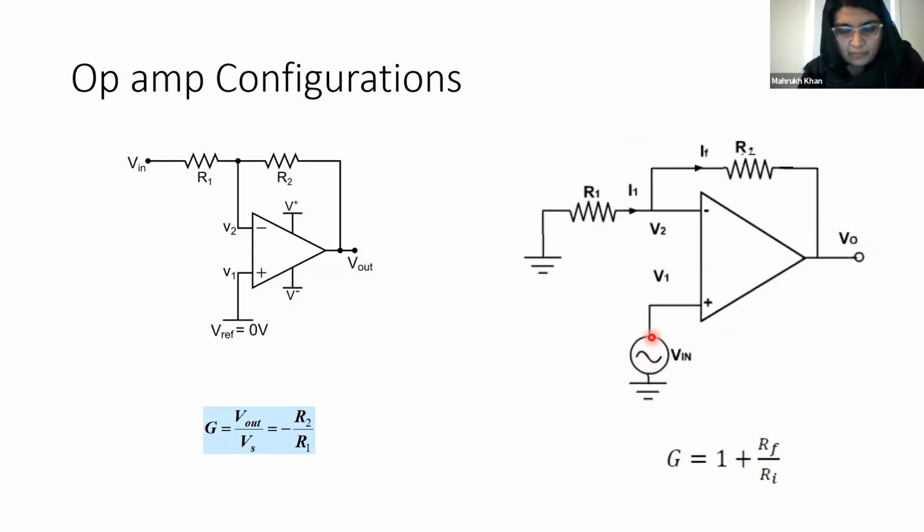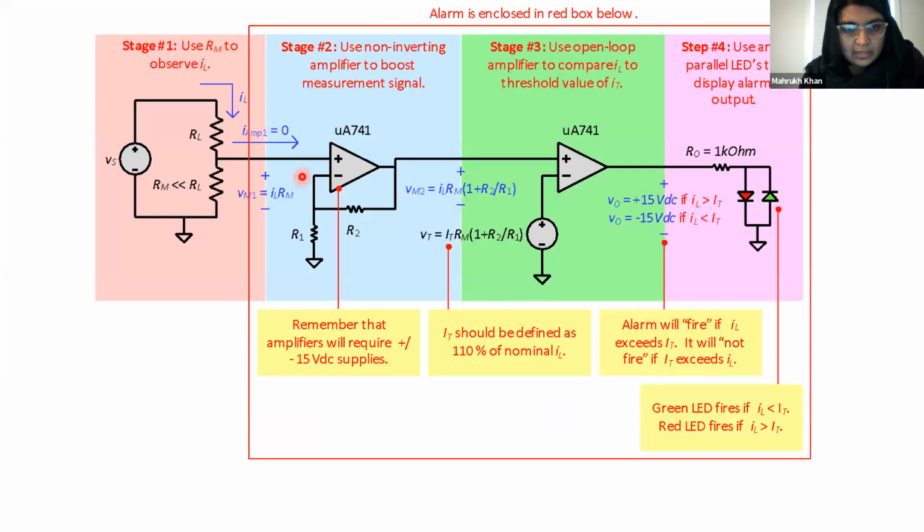So this is the inverting configuration, this is the non-inverting configuration. We are multiplying V in to get V out, where our V in is whatever is coming here, which is IL times RM.